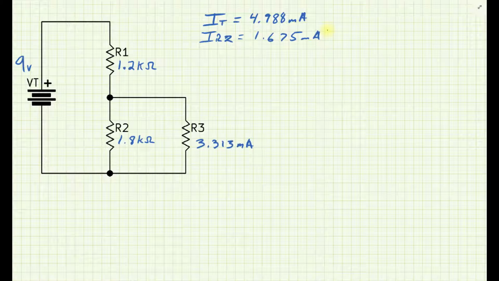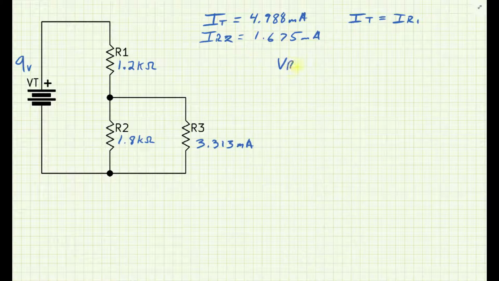We identified before that IT is also IR1, so we know IR1's current, we know IR1's resistance, so let's solve it. Let's find VR1.